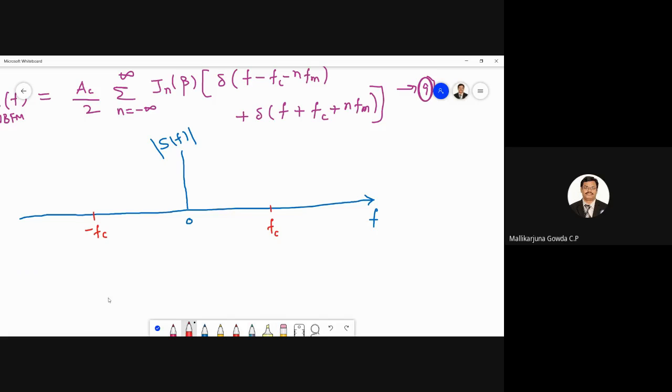On both the sides you will get impulse functions. You will get one impulse at the carrier, okay? This is the carrier one. I can say A C by 2, and I can say J naught of beta it is.